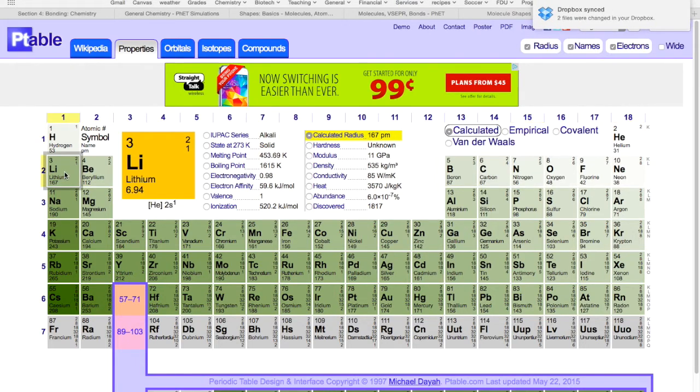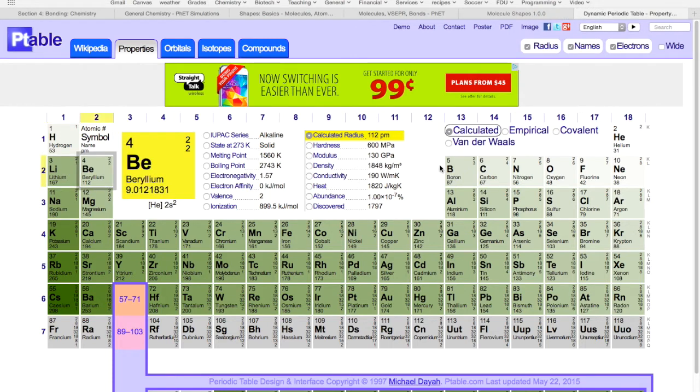Now, the interesting thing here is that as we move across, the nuclei get larger and they have more positive charge because there are more protons there. So that increased positive charge in the nucleus means that each electron is going to experience a greater positive charge and be pulled tighter to the nucleus.